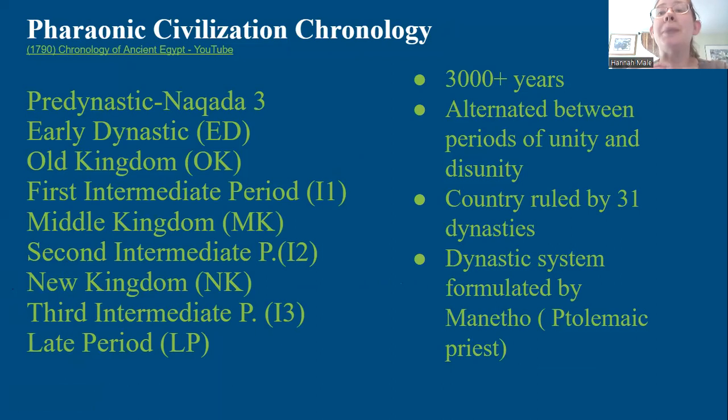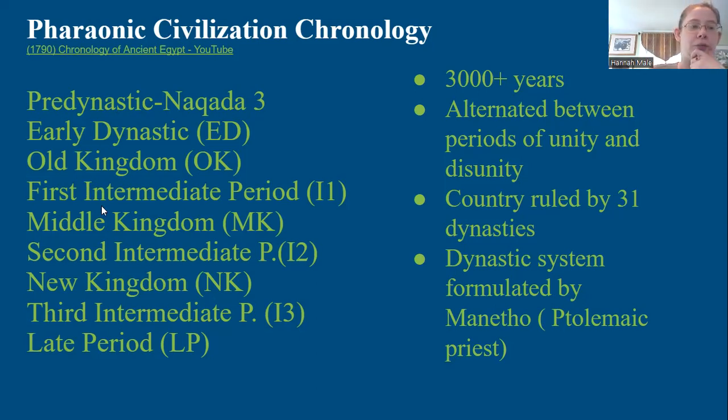And generally speaking, Pharaonic Egypt is divided into intermediate periods, so times when the centralized authority of the state broke up and there were competing families for power. And then you have kingdoms, which are times when you have one family that was in charge of the whole state. And so you start with the pre-dynastic, which is before state unification.